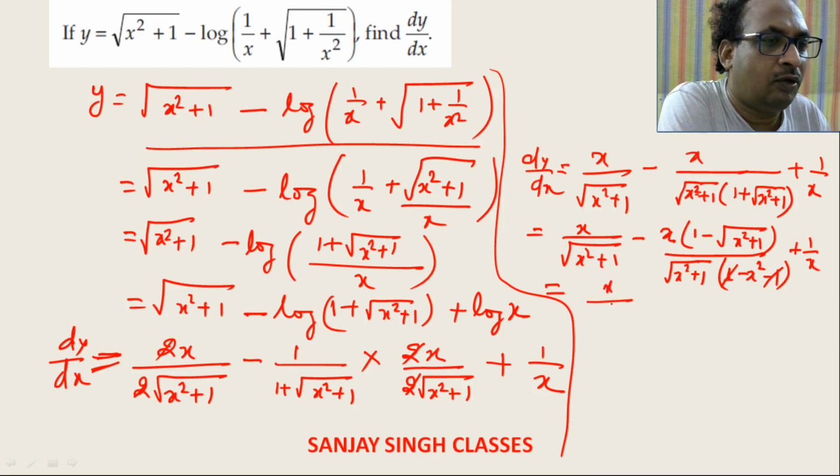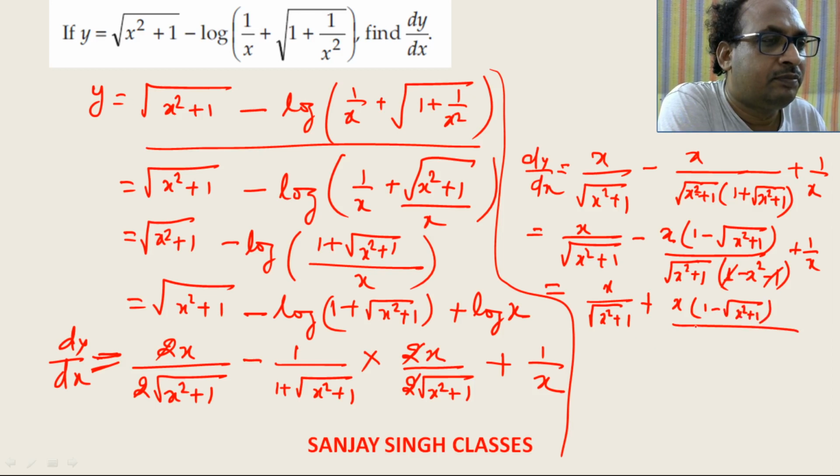So x by whole root x square plus 1 minus this minus x square, and this minus will make it plus x into 1 minus whole root x square plus 1, divided by x square into x square plus 1. So this x and this x will cancel, plus 1 by x.